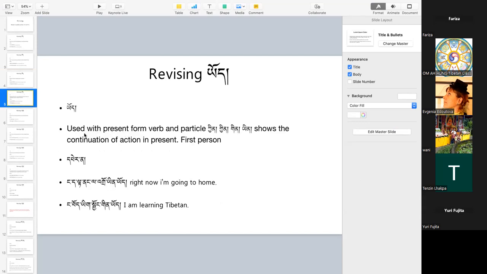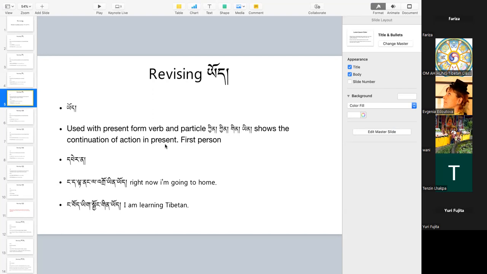Now the third one is used with a present form verb and the particle kin, yin. It shows the continuation of action in the present. So continuation in two things. Something that you were doing, you did, and you're still doing.